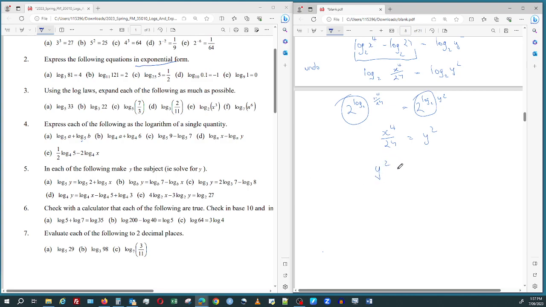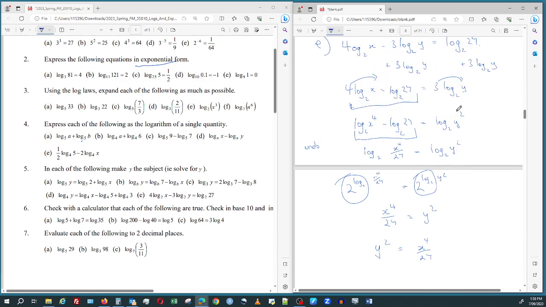So y squared is equal to x to the 4 over 27. Now, was it y squared or y cubed? Sometimes I do this. Now look at that, that 3 went up as a cube. So I'm just having to check myself. It's a 3.